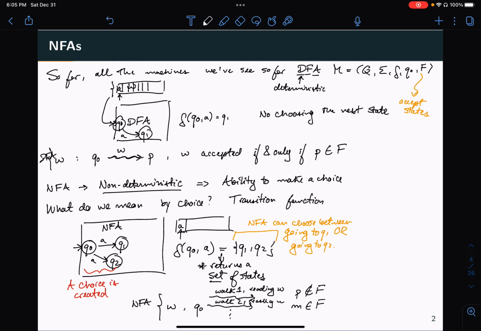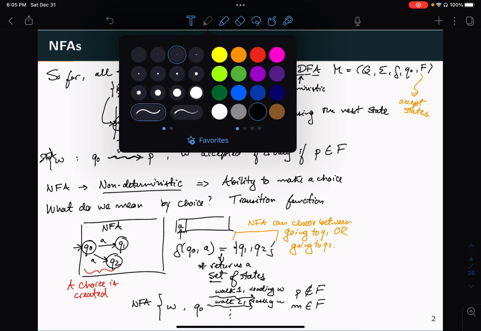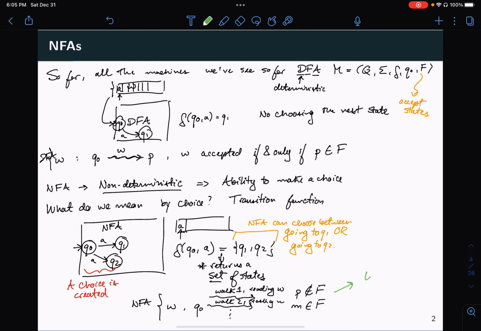As long as at least one state that can be reached from one of the walks that the NFA can choose from is a final state or an accept state, the string gets accepted. If no walk leads to an accept state, at that point, the NFA rejects, right? So this would lead to the NFA accepting.